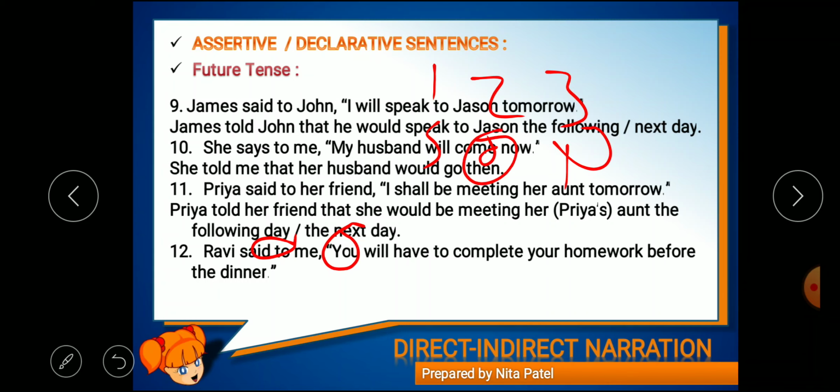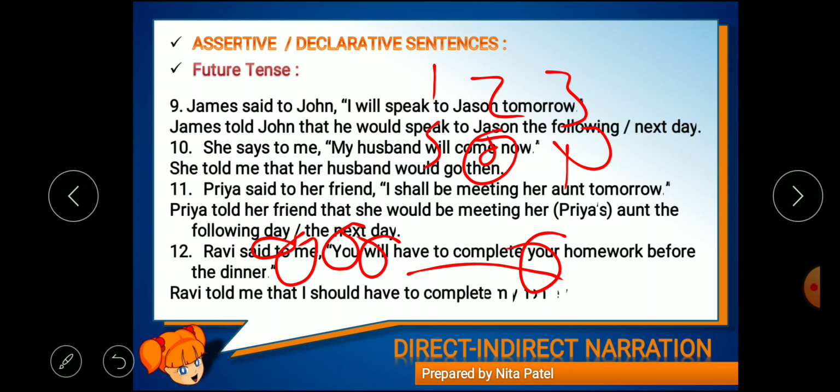So second person will change according to the object of the reporting verb. What is the object here? Me. Me is the first person. So you will convert into I. So Ravi told me that I would or should have to complete my homework before the dinner. Ravi told me that I should have to complete my homework before the dinner.